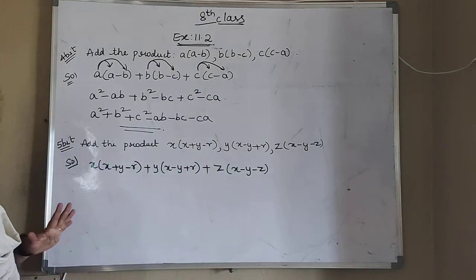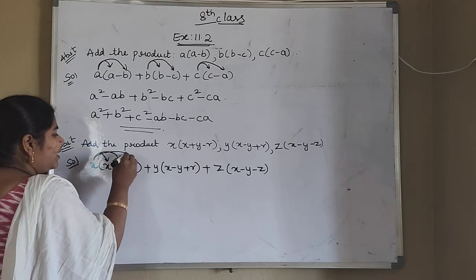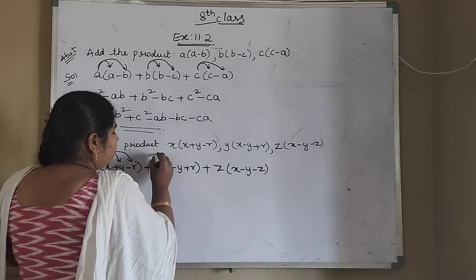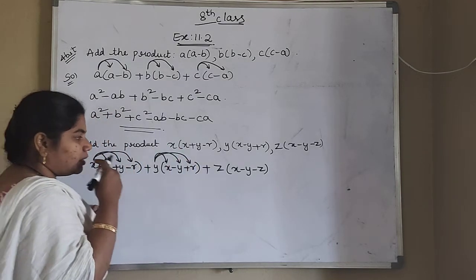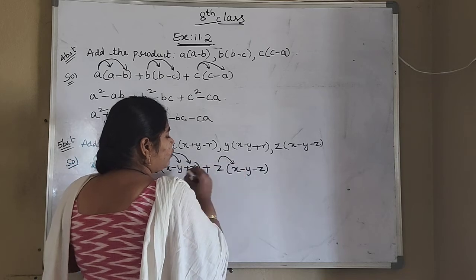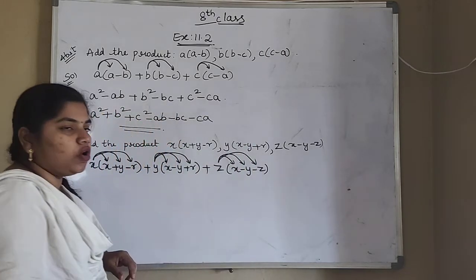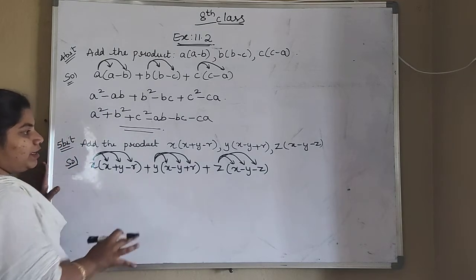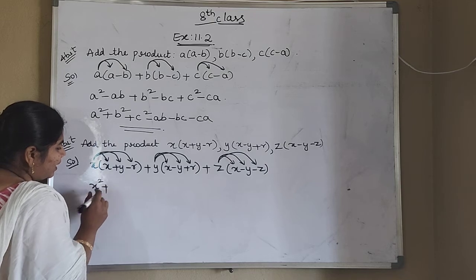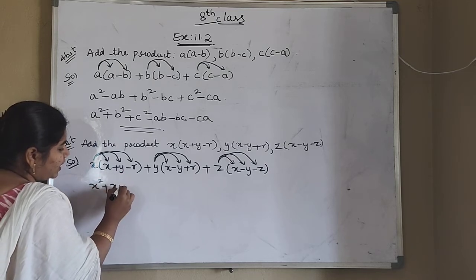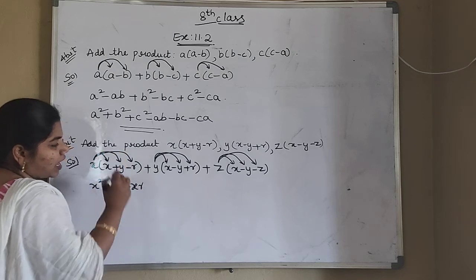Now each and every term should be multiplied here again. x with x, x with y, x with r. In the same way, y with x, y with y, y with r you have to multiply. z with x, z with y, z with z also we have to multiply. So directly I am multiplying: x into x, x square plus x into y, xy minus x into r, xr.